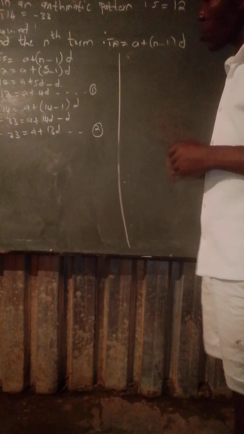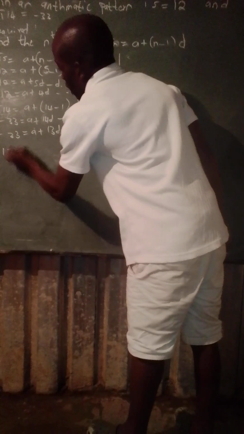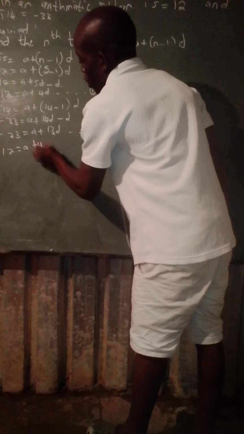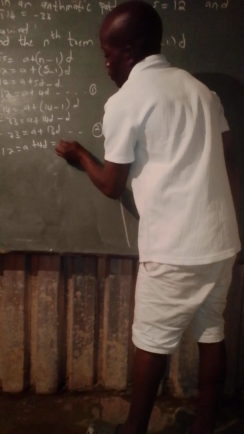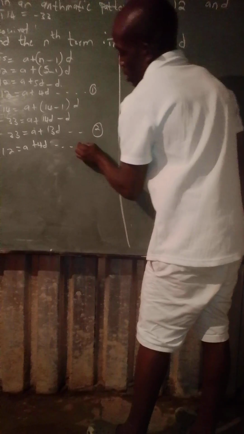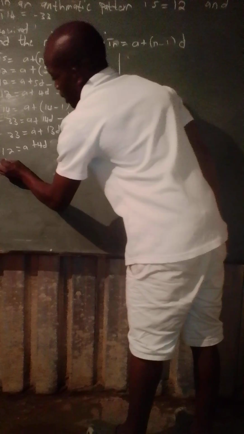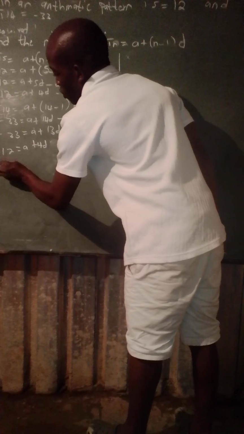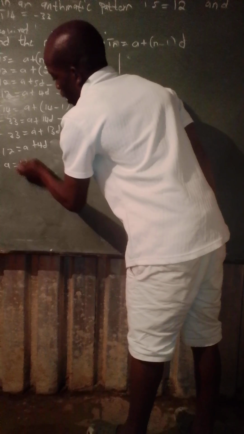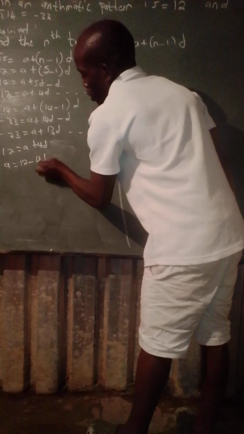Now, is it similar to work with equation 1 or equation 2? I'm going to change equation 1 into equation 3. I will say 12 equals a plus 4d, so let me simplify it: a equals 12 minus 4d.